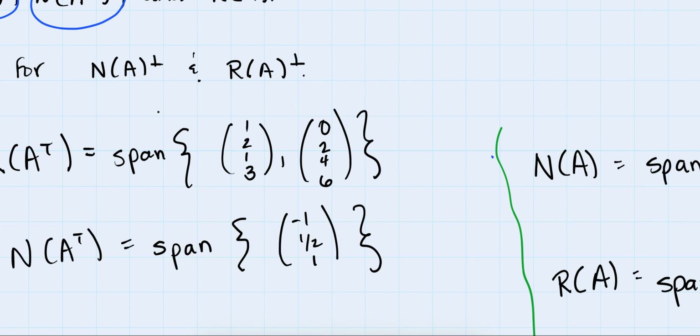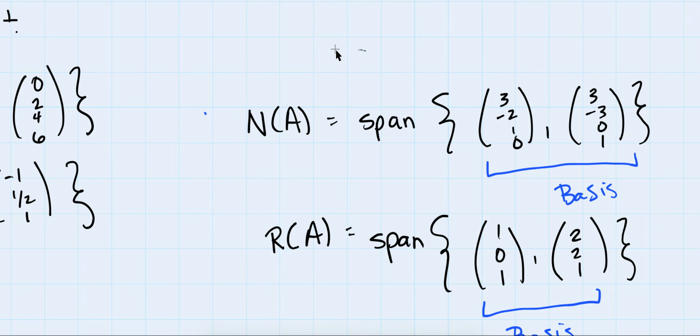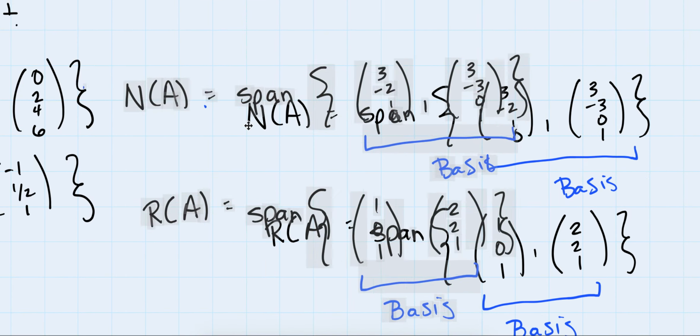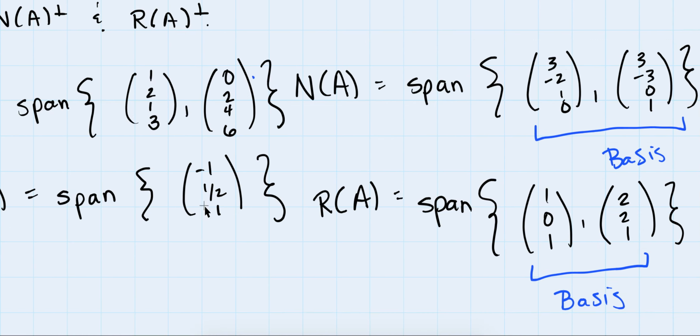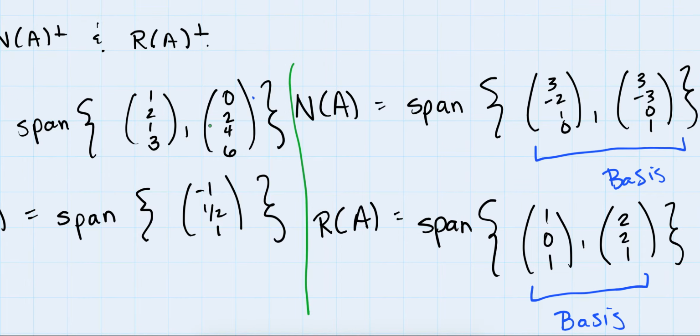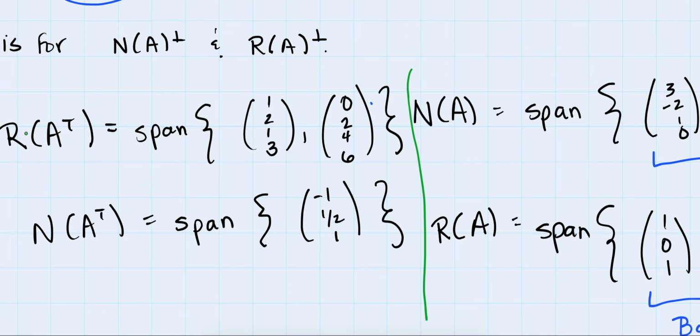And here are the bases. Let's kind of bring these a little closer so we can get them all together. Okay, so null space and range, and null space and range for the transpose. So part A is done.